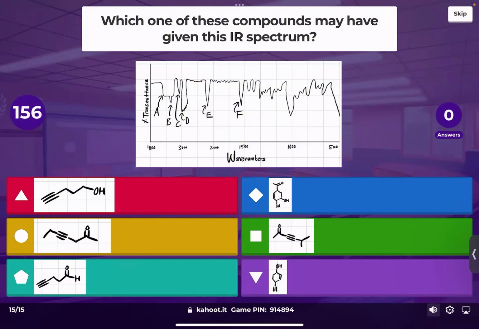Terminal. You know that this is a triple bond, so we can talk. Okay, so that doesn't really matter.